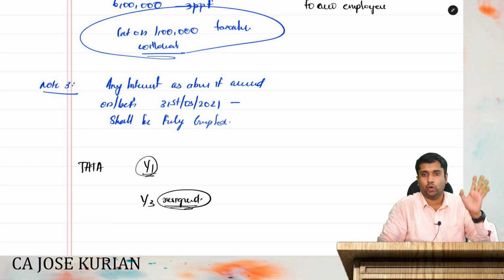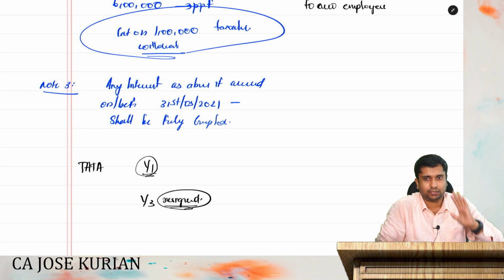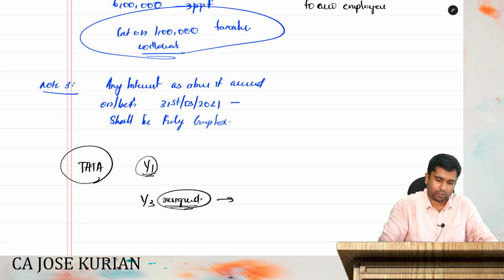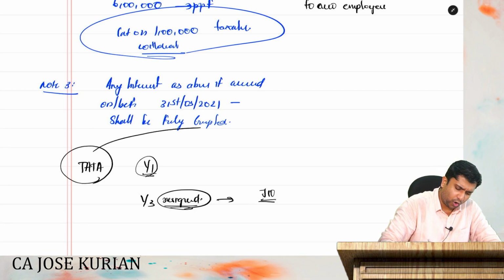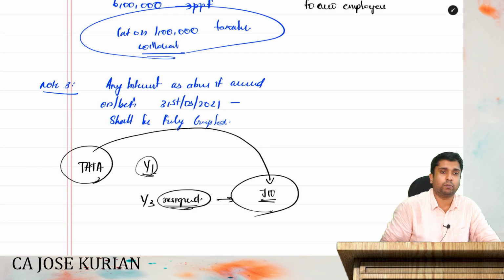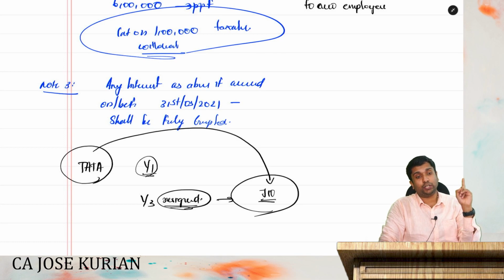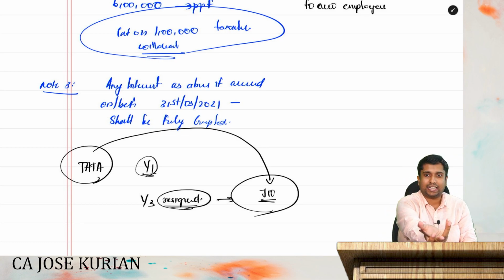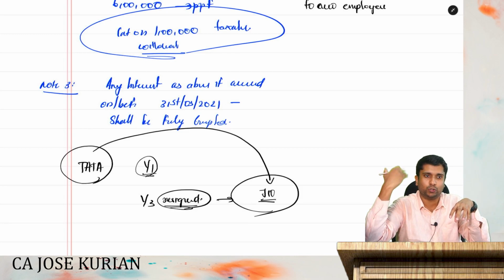The answer is no, because in the 3rd year I resigned. But in the 3rd year, I joined another company, say Jio, and I've transferred all the RPF to this new employer. Rather than realizing the money, I've transferred all the money to the new employer. If it is the case, then there is no taxability. There is a withdrawal from Tata's account, but that amount has been deposited in Jio's account.